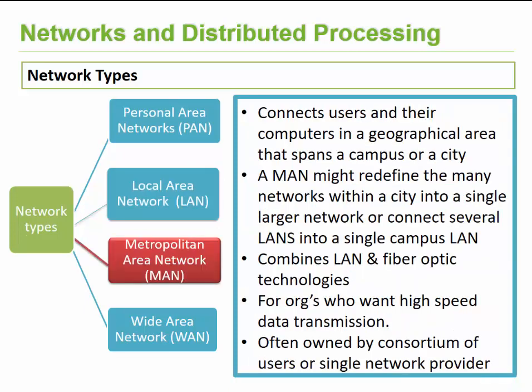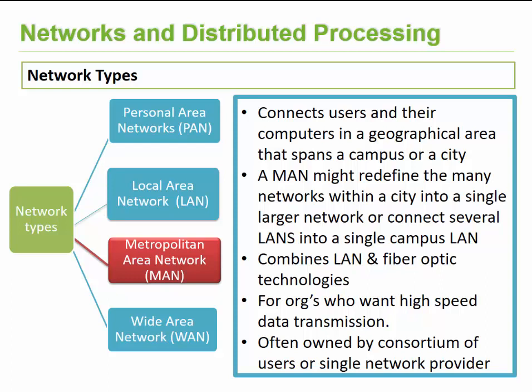The third network type is a metropolitan area network. Now if you take note, every time when we go to a new type the network actually becomes a little bigger. So with metropolitan area networks, it's where we connect users and computers in the geographical area similar to that of a campus or a city. It might mean that we have a lot of networks in the city that we need to connect to one.